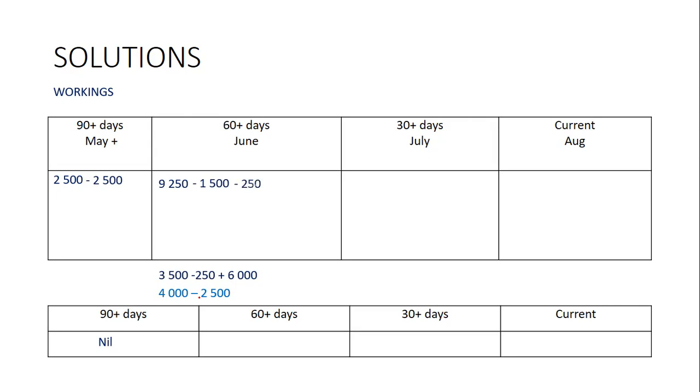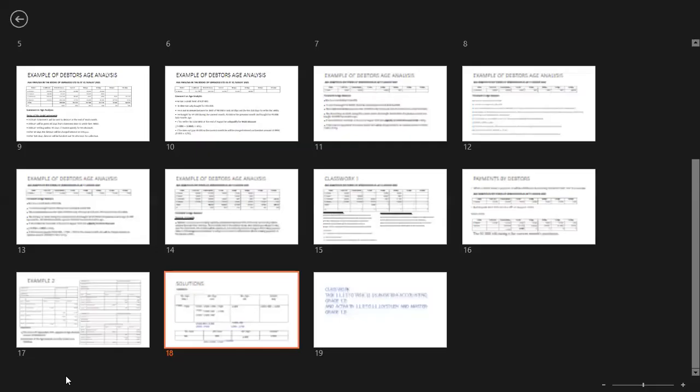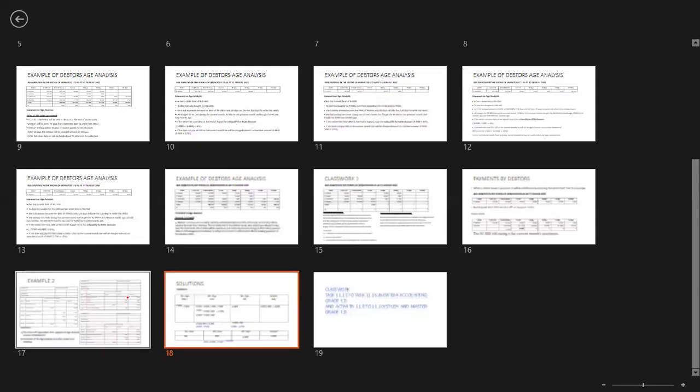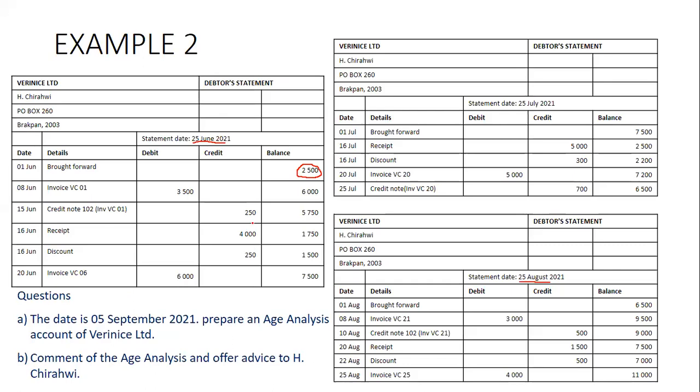And the discount in this case will be distributed to the June amount which was owed. So in essence, H. Chirawi is now owing us 7,500 because we have simply subtracted the payments, but there were other payments that were made on top of that 4,000. So those payments must also be distributed to the month of June. Remember, the oldest debt always gets settled first by these payments, we are done with them.